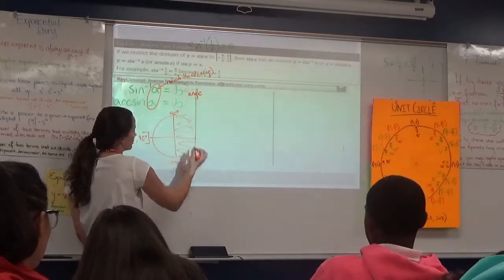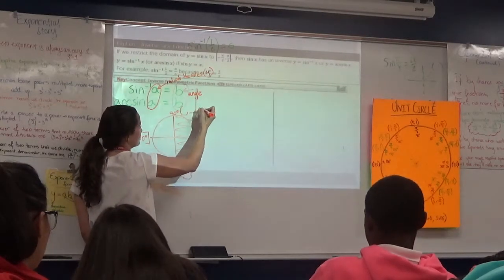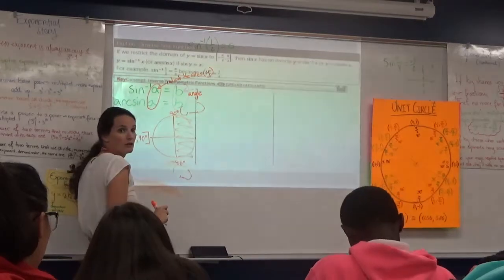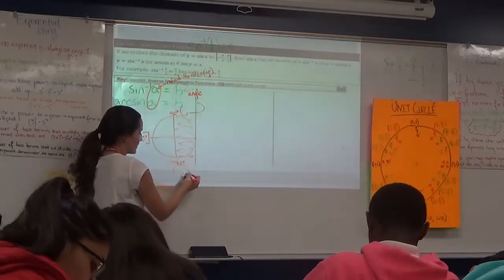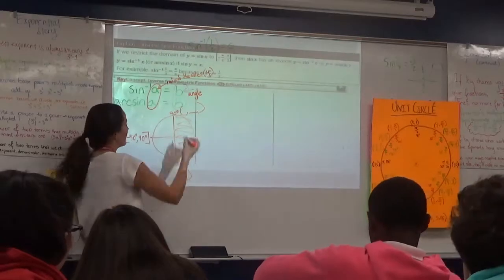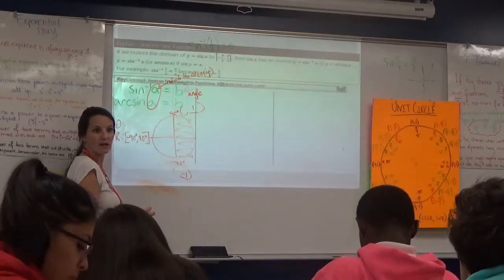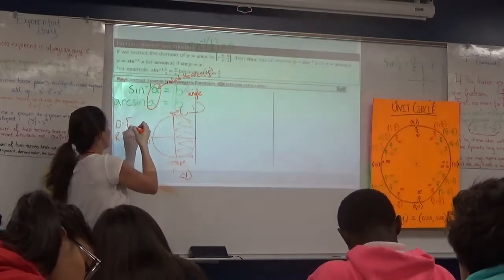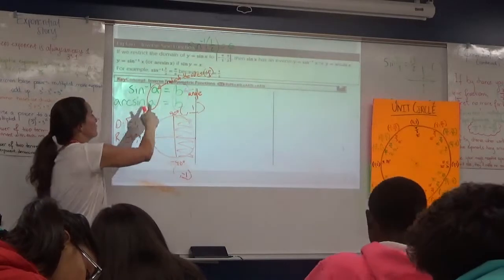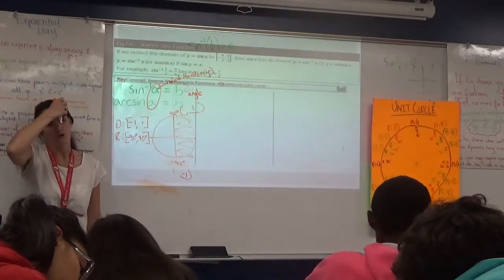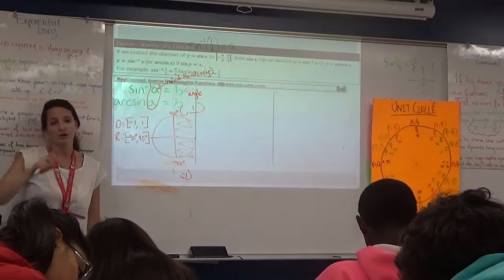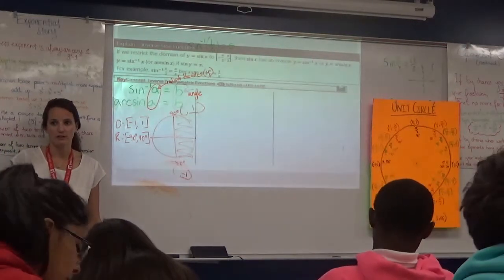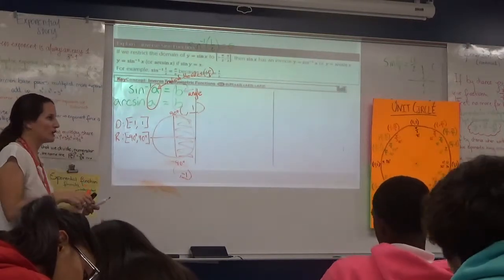We're looking at our y coordinate right here, which goes from the lowest, down here at negative 1, to the highest, up here at positive 1. So we're going from negative 1 to 1 for the input, or the A value, in our inverse sine. That was a lot of time for the first one.